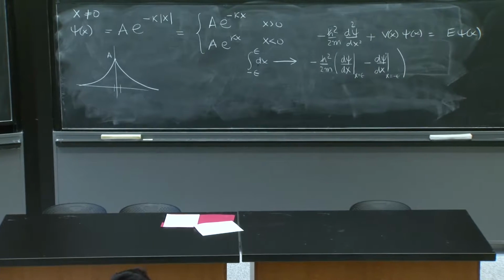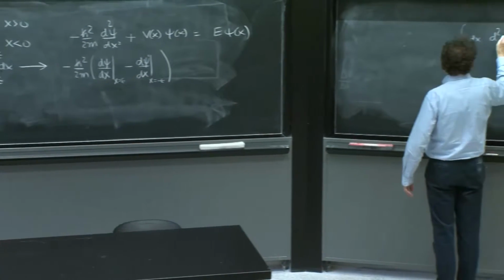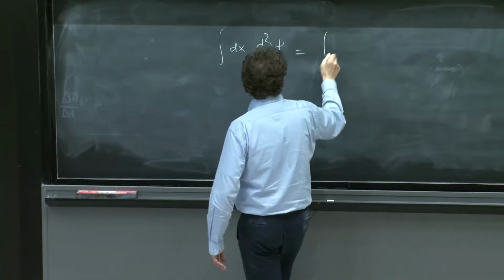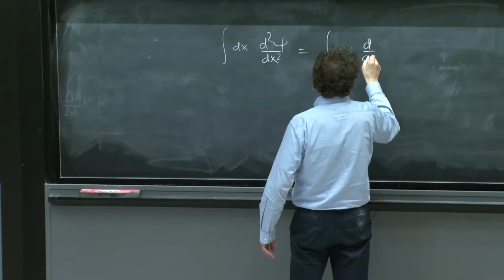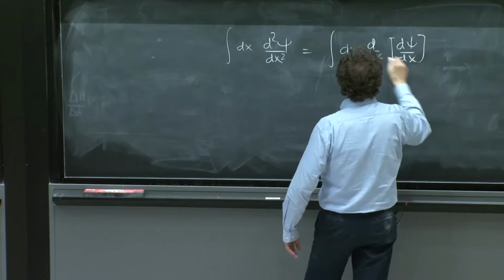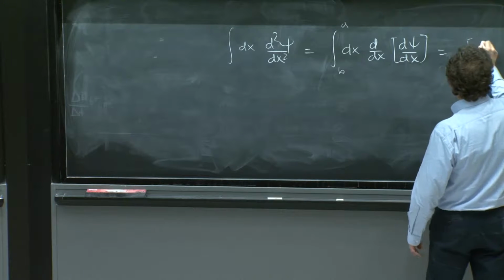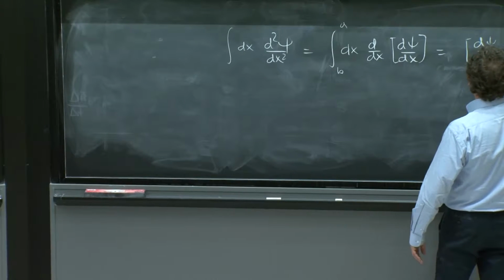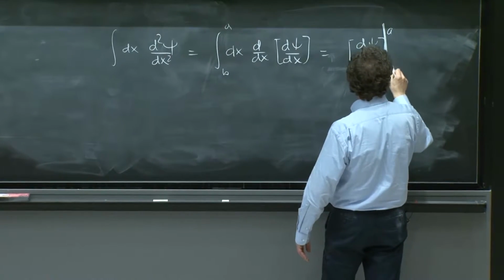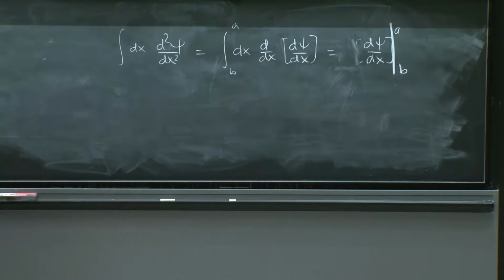This is from the first term, because you integrate dx of the second derivative d squared psi dx squared, which is the same thing as dx d/dx of d psi dx between a and b, and the integral of a total derivative is d psi dx at b minus a. I think people write it like this, a to b, evaluated at the top minus the evaluation at the bottom.